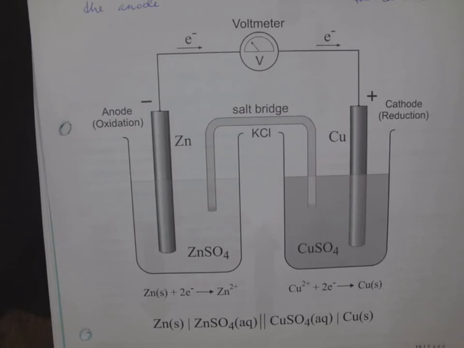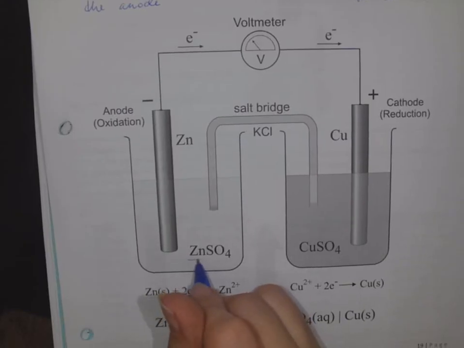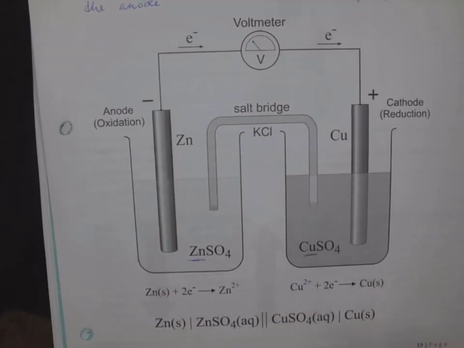And we need to take these metal rods and place them into salt solutions, ionic solutions. We need cations and anions inside these solutions. Now, this is not a requirement by any means, but often they are put into solutions that have the same ion as the metal.